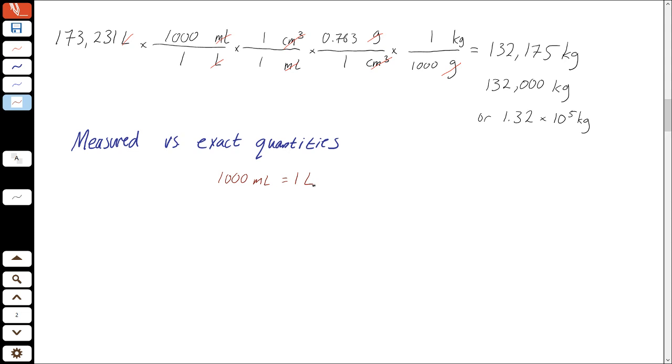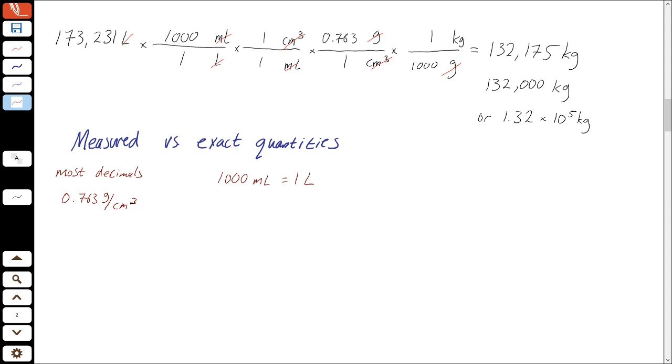You say 12 has infinite significant figures and use one of the measured numbers for your actual count of significant figures. So measured numbers, generally with a couple exceptions, the ones that go between the systems are usually measured numbers. But anything with a decimal place, like a density like 0.763 grams per cubic centimeter, are going to be measured numbers.